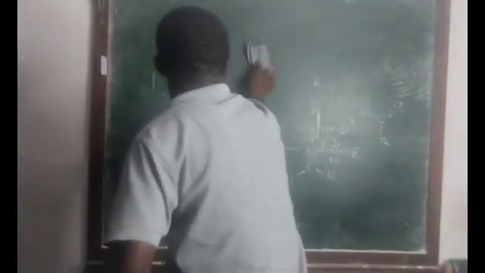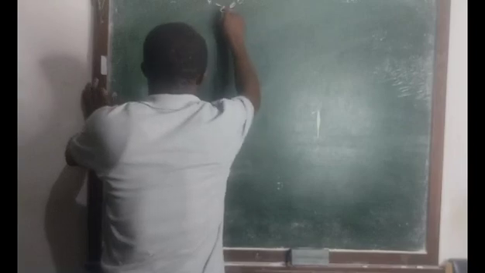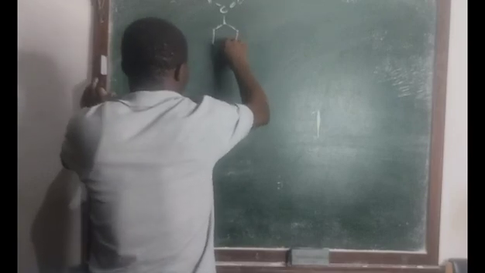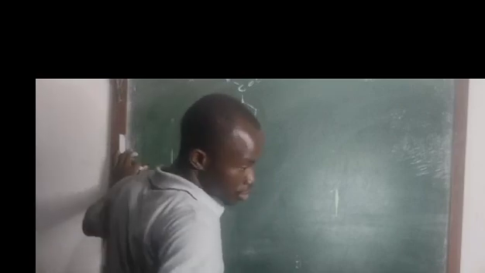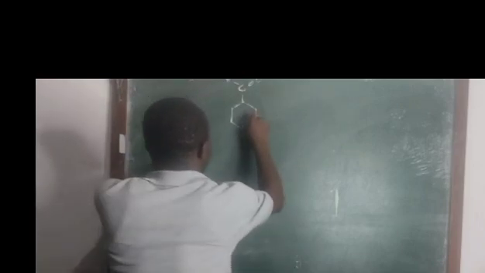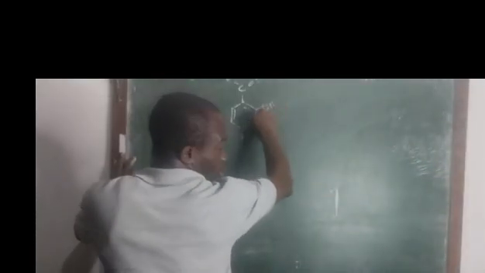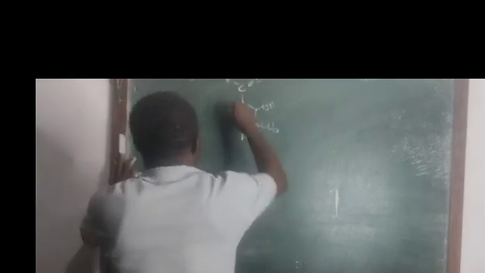Let us start by drawing the structure of pyridoxal phosphate. We have H plus, and then here we have OH, here we have CH3, and here we have CH2 and phosphate.